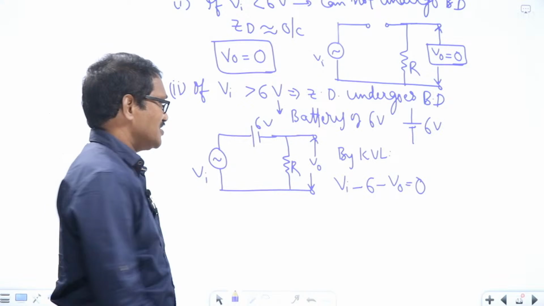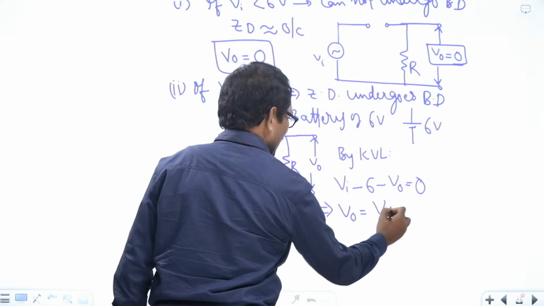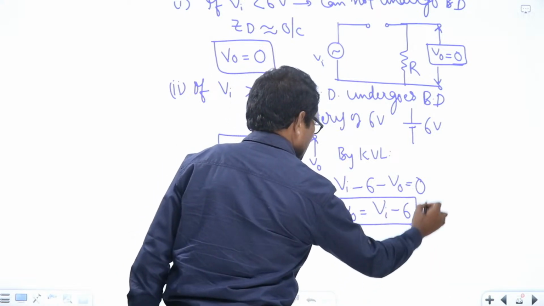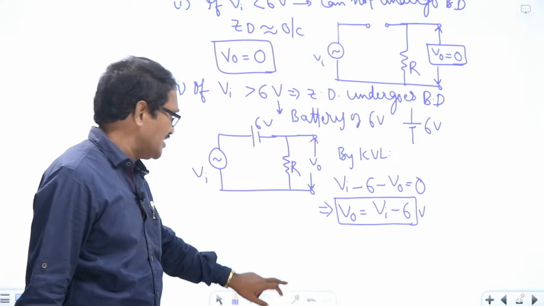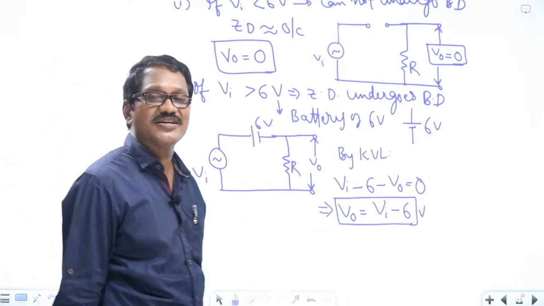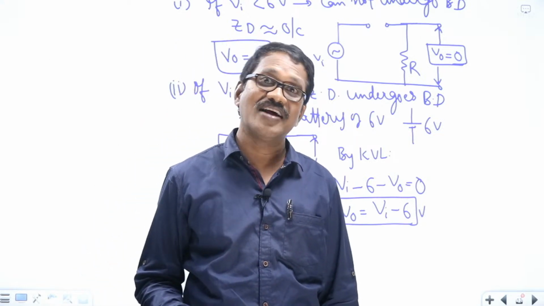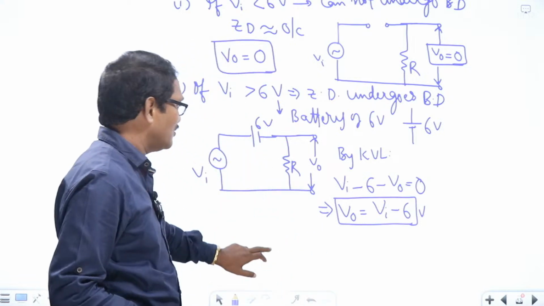Have you understood this? That implies the output voltage is VA minus 6 volts. With this mathematical expression, you can draw the input-output characteristics as well as the transfer characteristics corresponding to this problem.